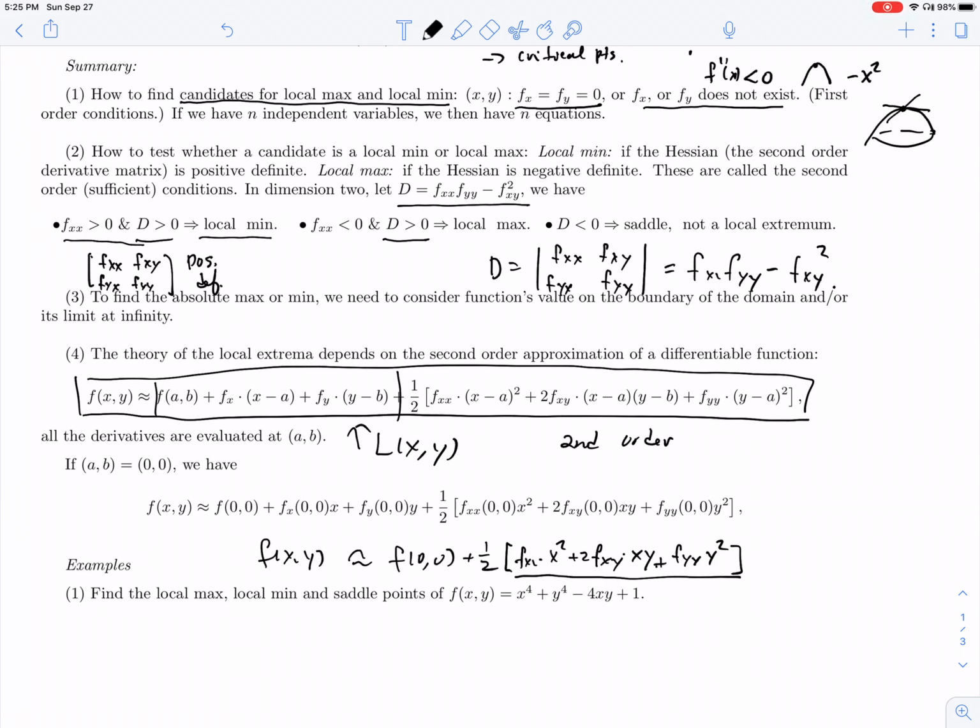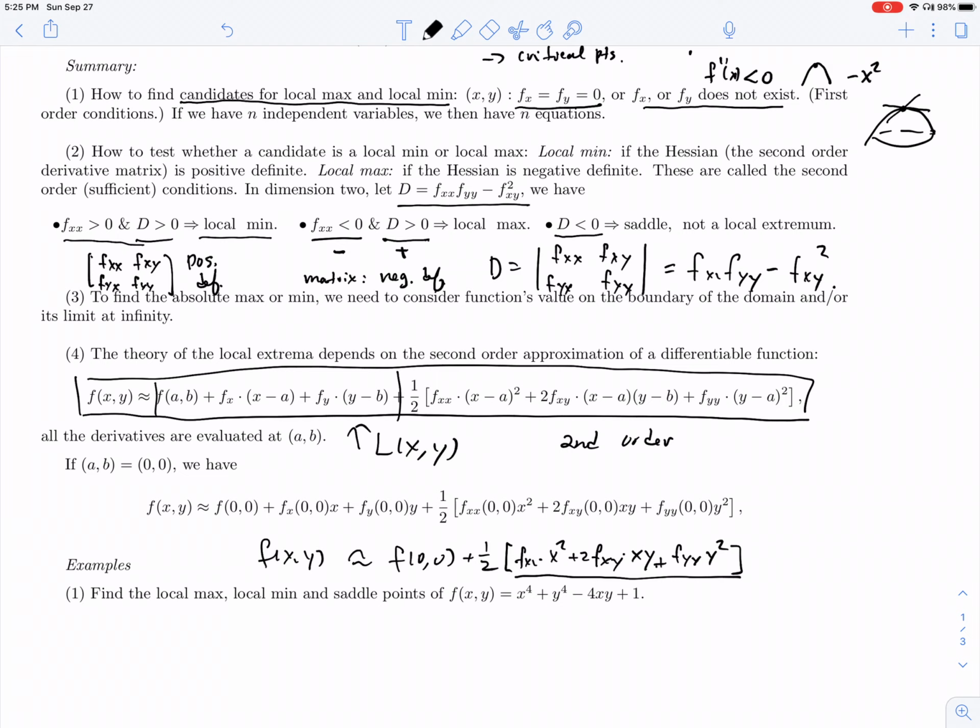Now, if the double derivative with respect to x is negative, but this determinant is still positive, so one negative, one positive, then this matrix, the Hessian, is actually negative definite, and then we have local maximum over there. If this determinant is less than 0, then it has to be a saddle, not a local maximum or local minimum.